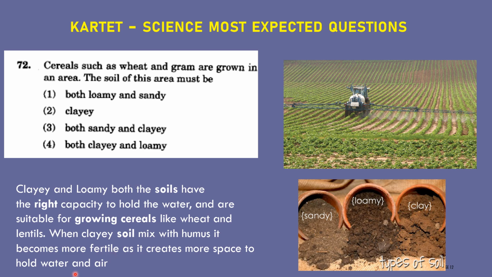It will create more space for water and air. Therefore, for this feature of the soil, we will use both clay and loamy soil to grow cereals. The correct answer for this question is option 4.